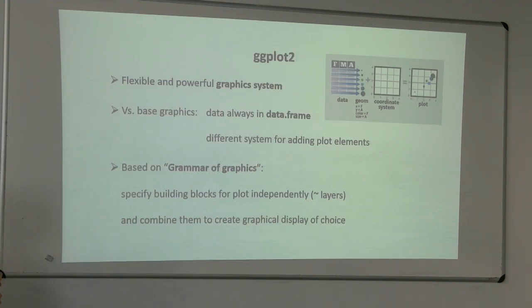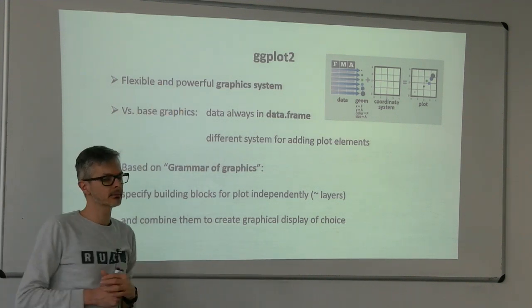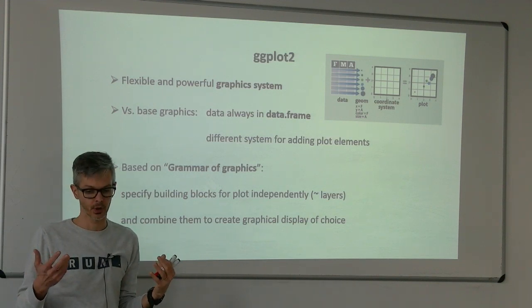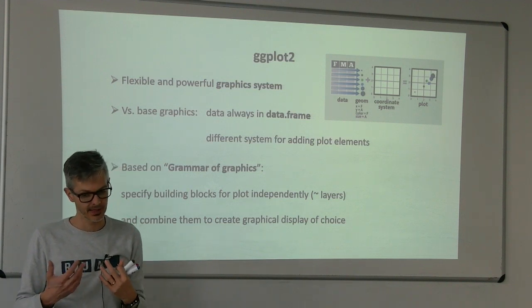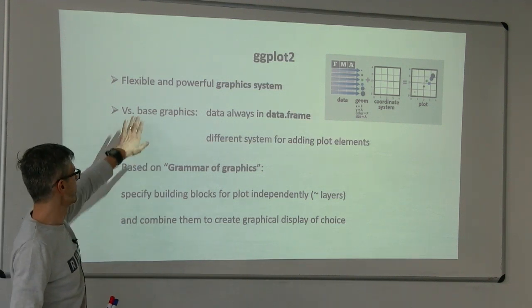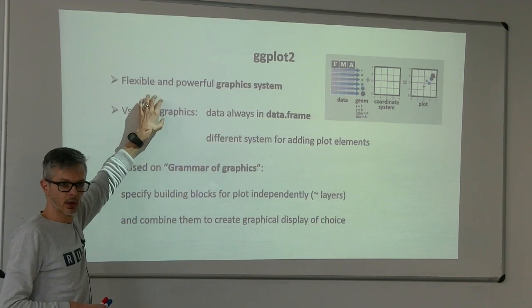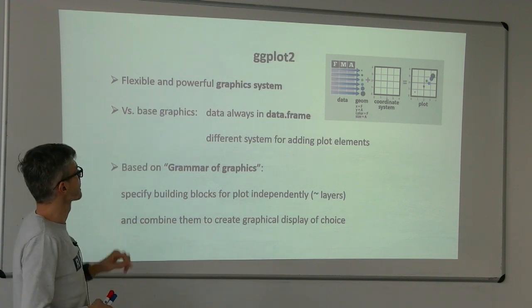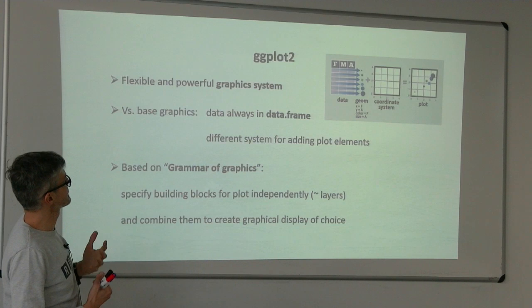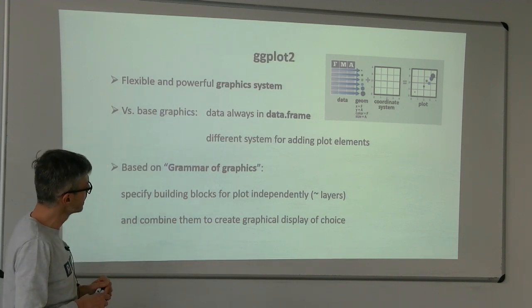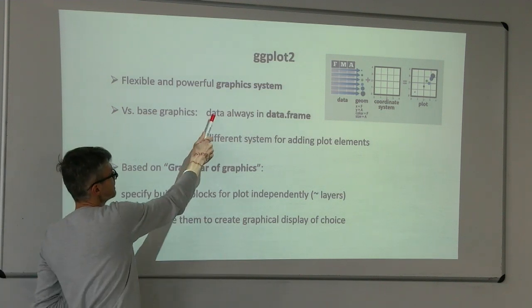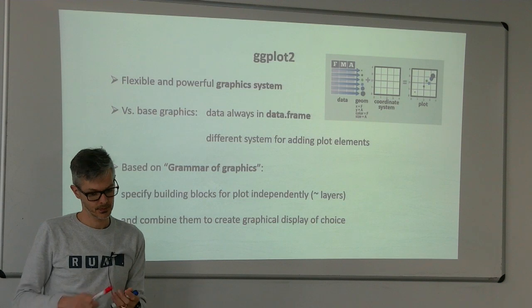Now what exactly can you do with ggplot2? First of all, it's a powerful graphics system, similar to what you've used before if you make an ordinary bar plot or a histogram in R. Then you use what we call base graphics, which are available when you install R. While ggplot2 is more advanced, more powerful and flexible, so it's a different way of making graphics in R. First of all, they always use data frames.